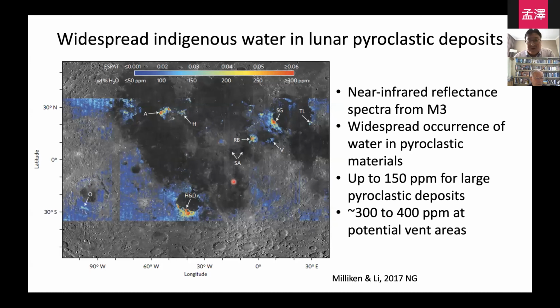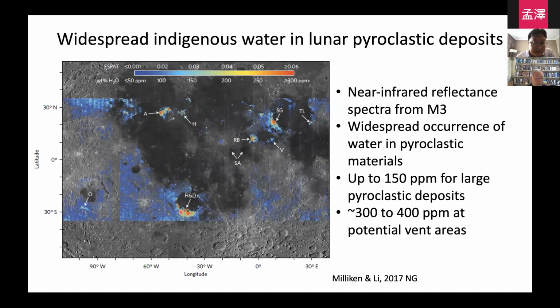And based on these infrared data, they showed that there is a widespread occurrence of water in pyroclastic materials. As we can see from this figure, these red areas indicate pyroclastic materials.